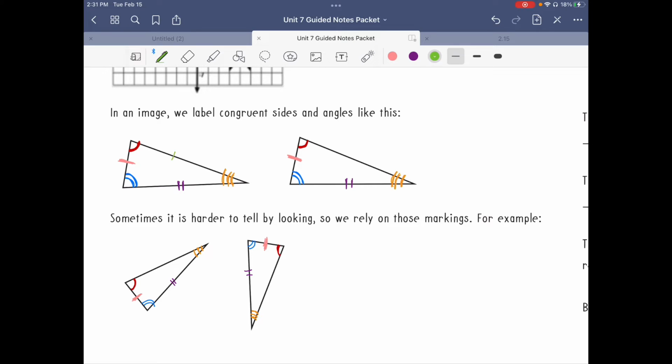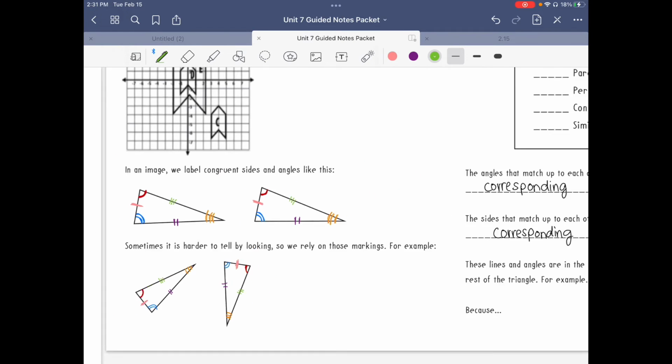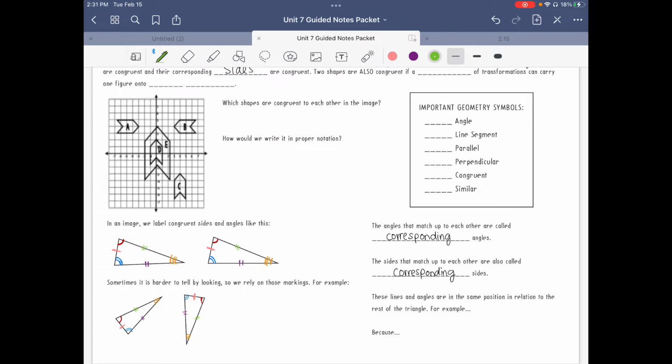And then the last side, again, it's pretty easy to tell when it's the last one, but on this one it would be the diagonal up here at the top and here. But it's also always going to be the one that runs between the red angle and the orange angle. So it's also going to be those two sides. Hopefully that helps explain what corresponding is. It's the spots that match up.